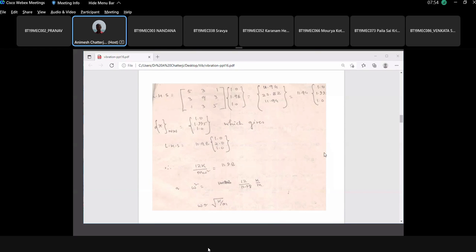Now, if you have understood how matrix iteration works, then I'm expecting you should ask at least 4 or 5 questions on this method. If you have understood the method, then definitely 4 or 5 questions will come to your mind.